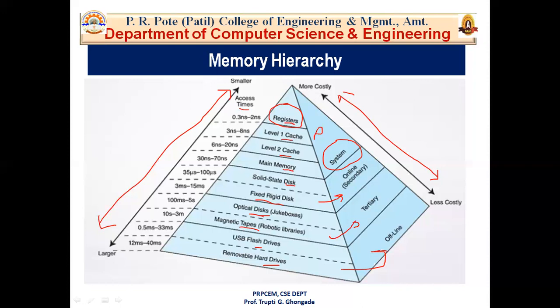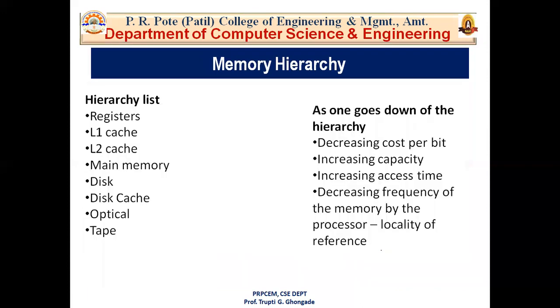So this is the hierarchy list. In the topmost part, it contains the register, and then L1 cache and L2 cache, because the cache memory here is divided into two levels, level 1 and level 2. We also have three levels of cache organization, which we will discuss later when we discuss cache memory separately.